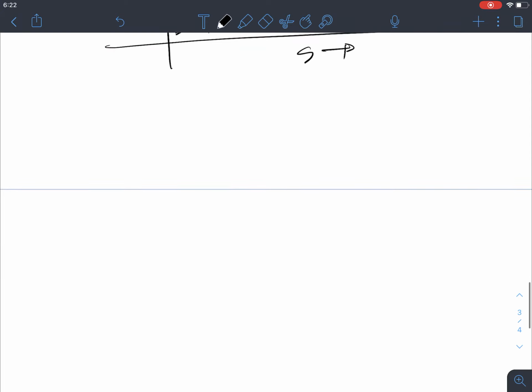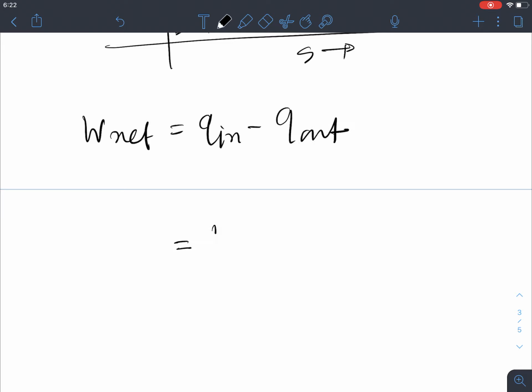How? The W net equation: we know that this is Q in minus Q out, which is basically W turbine, the work produced by the turbine, minus W pump, the work consumed by the pump, which is input.